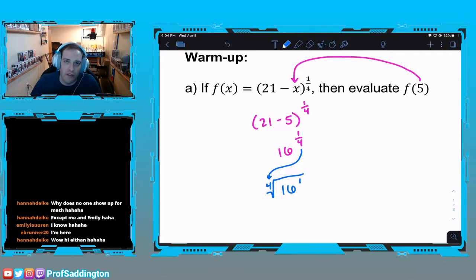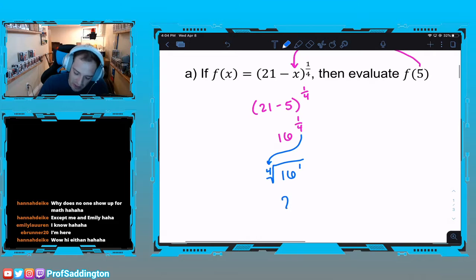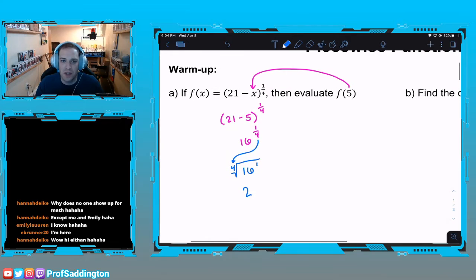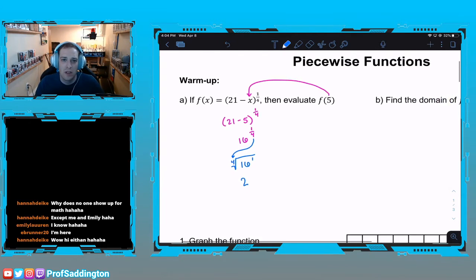Now you're just doing the 4th root of 16, which is asking what number you can multiply 4 different times to get 16, and that answer will be 2. Because 2 times 2 times 2 times 2 gives you 16. So that was just simple substitution and review with the down and out.